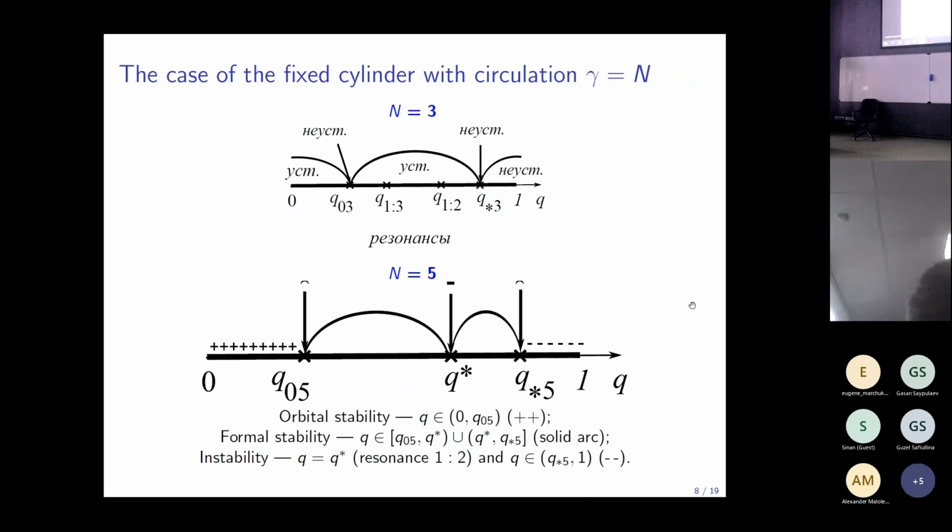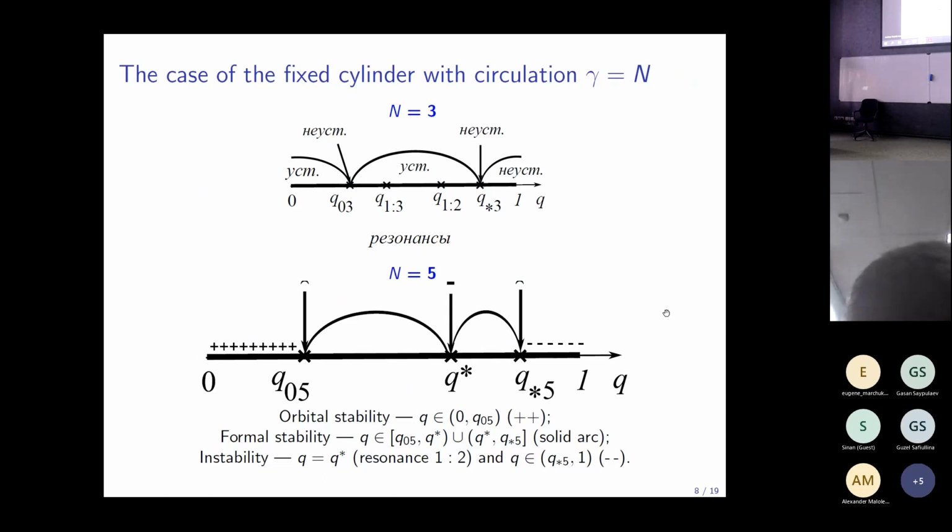For the cases from q03 to q star 3 and from q05 to q star 5, all resonances up to and including the 4th order have been found and studied.